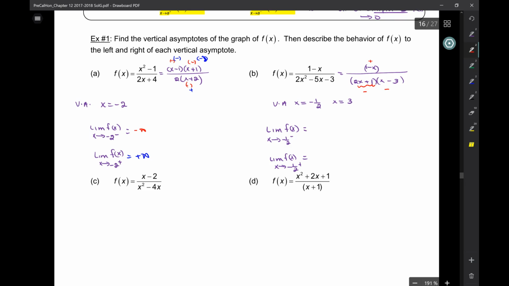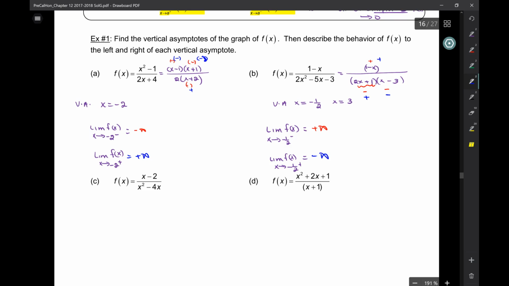And then here it'll be negative. So the whole thing will be positive. Now, negative 1/2 from the positive side, that's like negative 0.499. Up there, it'll be positive. What about on the bottom? Well, it's negative here, and then it's positive there, so it'll be negative infinity.